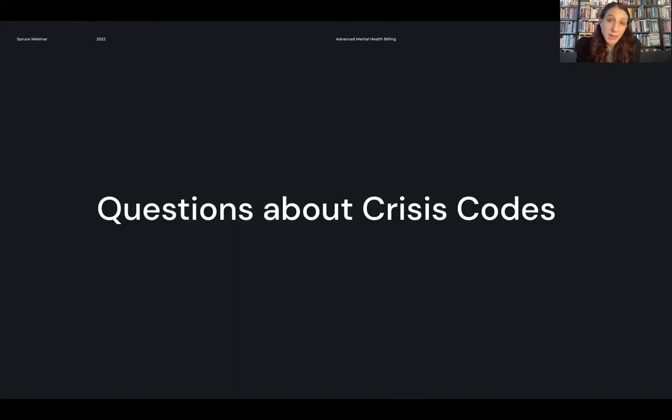Those cannot be used in combination with crisis codes. Crisis codes are standalone codes. The concept of the crisis code is that it contains the idea of there being a lot of complexity and a need for assessment. So you can't add those additional codes to it. It needs to be the only thing that's being submitted.